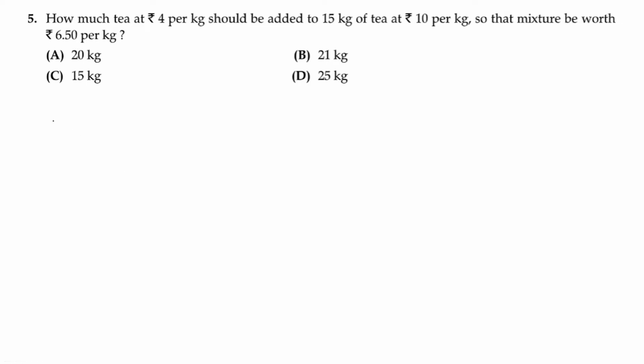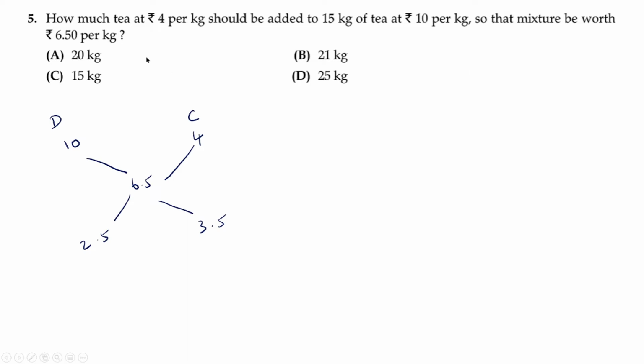So using the cross, here we have the dearer ingredient and here we have the cheaper ingredient. So this is 10 and here we have 4. The mean price is 6.5. So here we have 10 minus 6.5 which is 3.5 and here 6.5 minus 4 is 2.5.